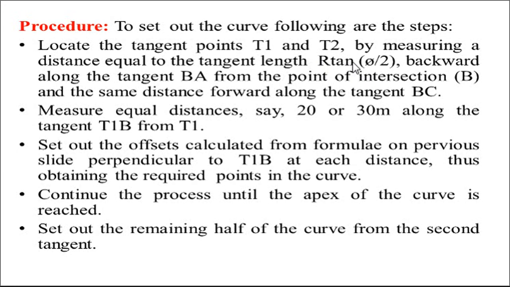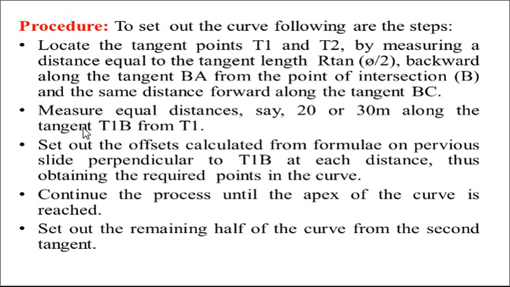Then we have to locate T1 and T2. The backward tangent can be located by measuring the tangent distance from the point of intersection B towards A, and the same distance for the forward tangent along BC. In this way we can fix the position of tangent points T1 and T2.